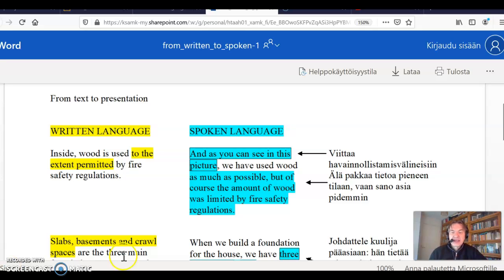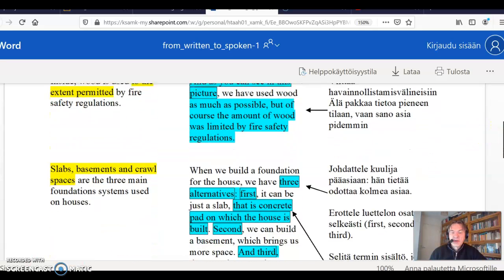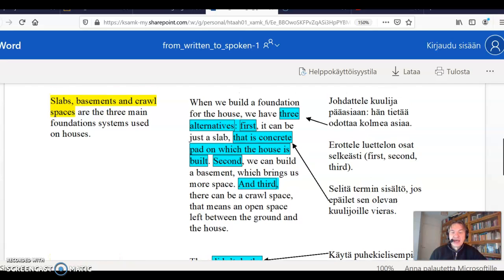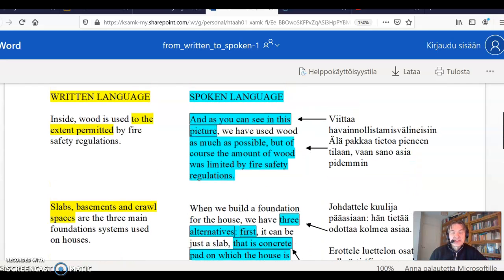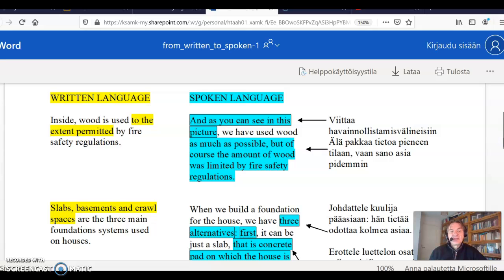And as you can see, the spoken language versions are much longer than the written versions. Why is that? It's because if you don't understand the written language right away, you can always go back and read it again. But when you're speaking, your audience must understand you immediately, and therefore you must not give the information so densely packed, and you have to help the audience to understand your meaning.